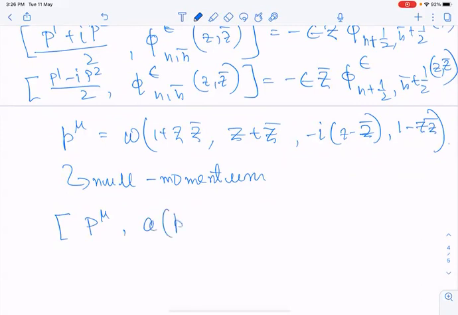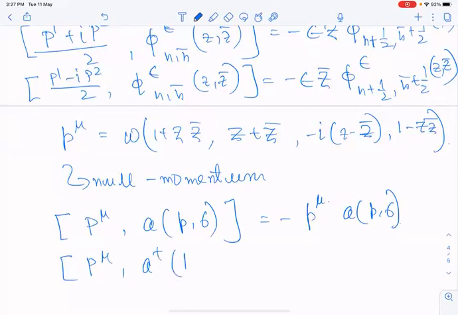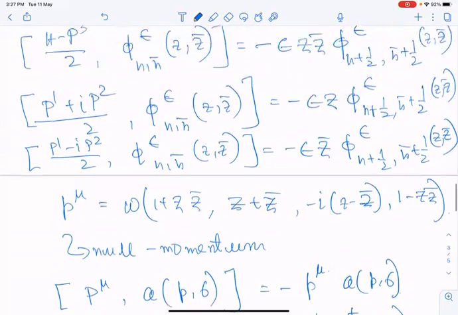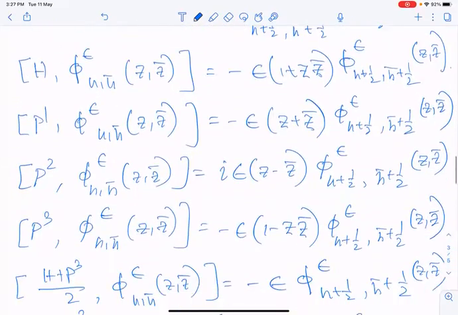Suppose this is a creation operator, A of P, then the commutator of A of P with sigma is just minus P mu times A of P sigma. So this is essentially what I wrote down here.